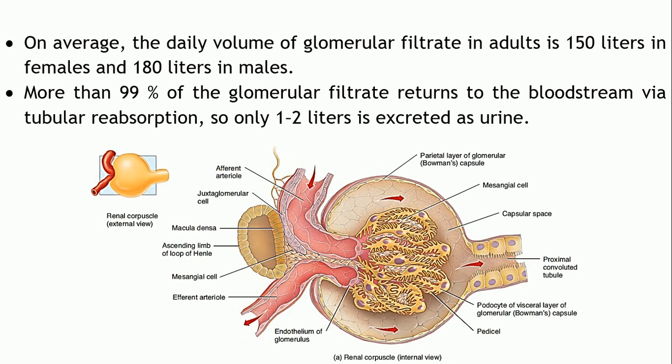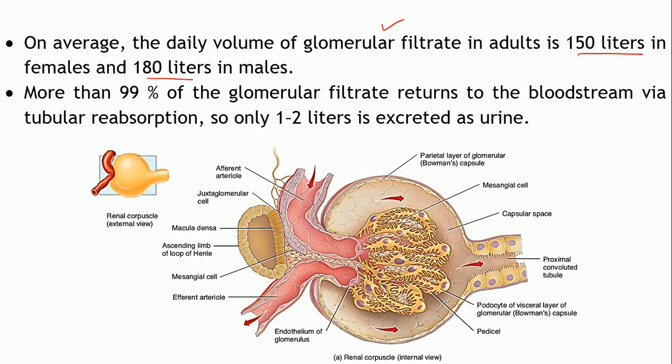Now, on an average the daily volume of the glomerular filtrate in adults is around 150 liters in females and 180 liters in males. That is per day.